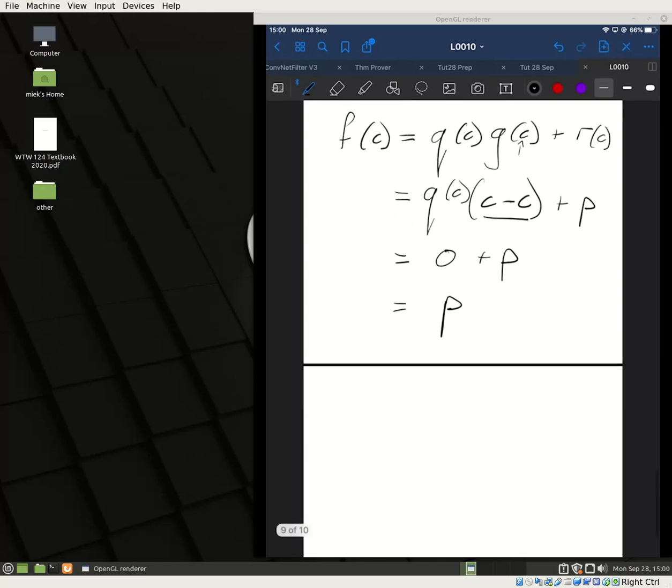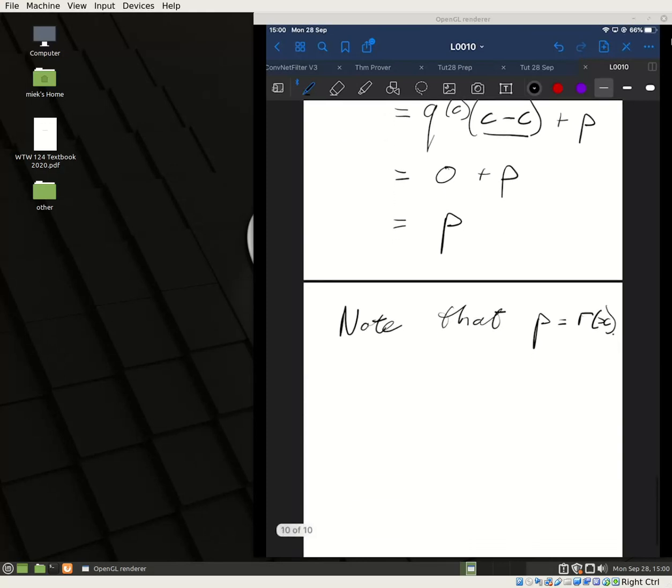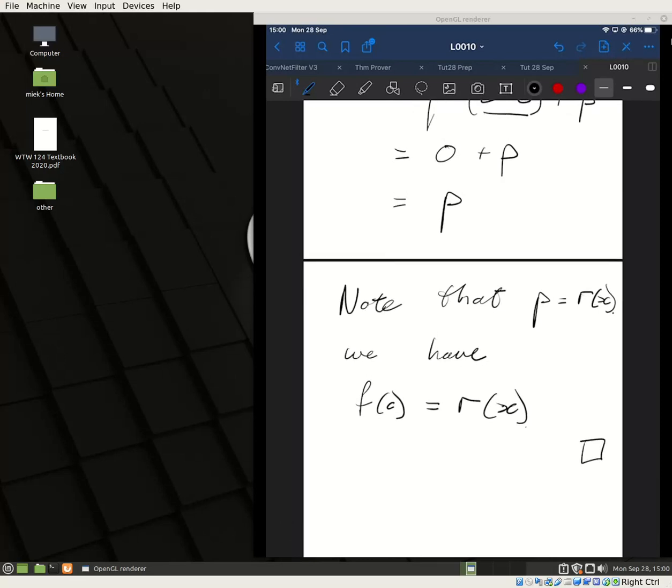And now if we note that p is equal to r(x), we have that f of C is equal to the remainder of the division. And there we are done.